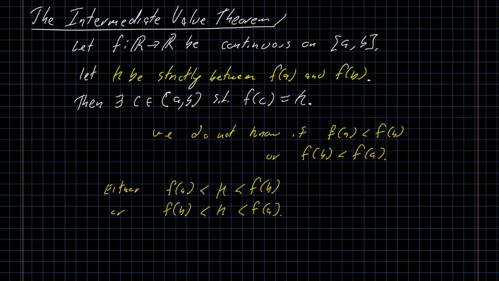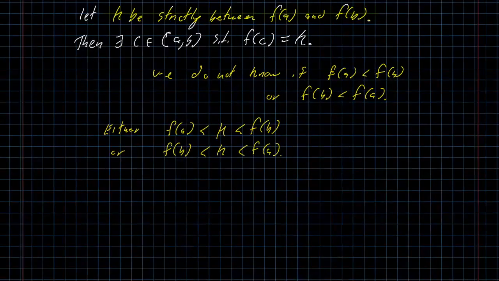That's what we mean when we say k is strictly between f of a and f of b. And that's going to be our starting point for our proof.